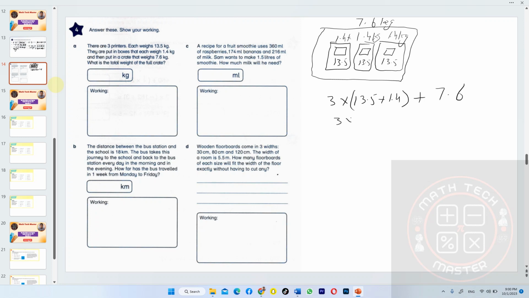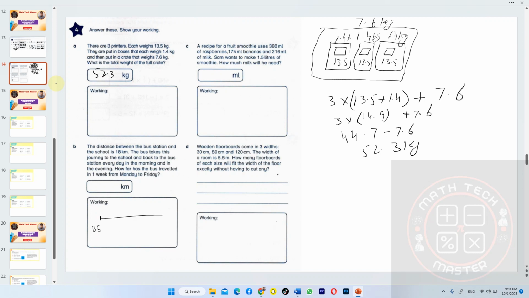So it will be 3 multiplied by 14.9 plus 7.6, so it is 44.7 plus 7.6, which will be equal to 52.3 kg. So the first part is 52.3 kg.